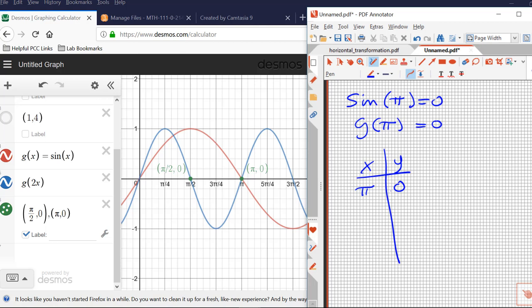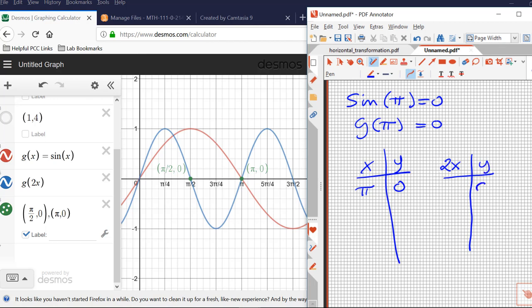The question is, how does this new function work? In this new function, I'm entering now twice x, and I get this g of x, and I get y out.